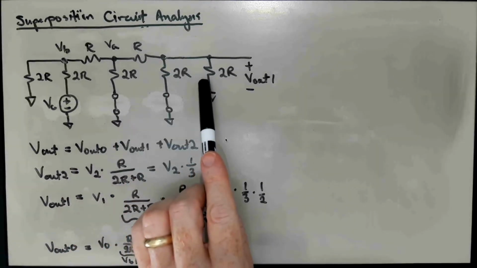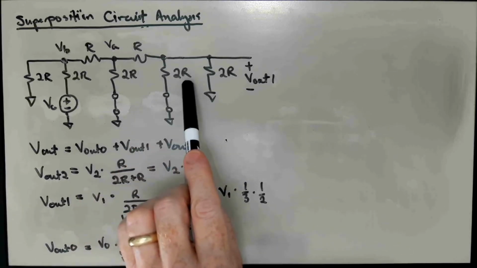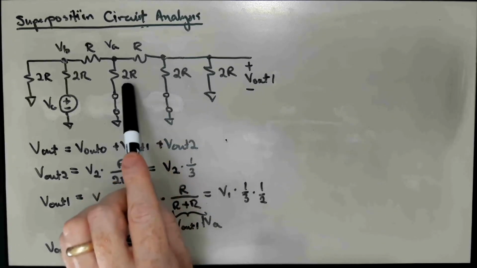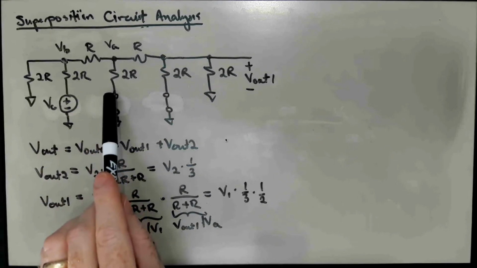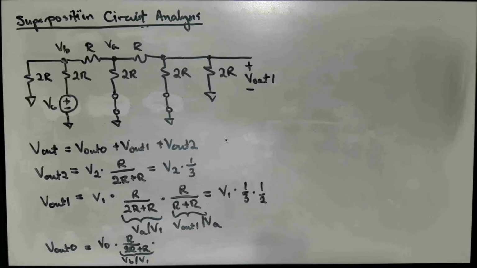So reminding ourselves of that, we have 2R parallel to R gives us R. R in series with R gives us 2R. 2R parallel to R gives us R. So this is just basically R in series with R, and VA is the middle of that two series resistor chain. The divider ratio is 1/2, R over R plus R. So this is VA over VB.